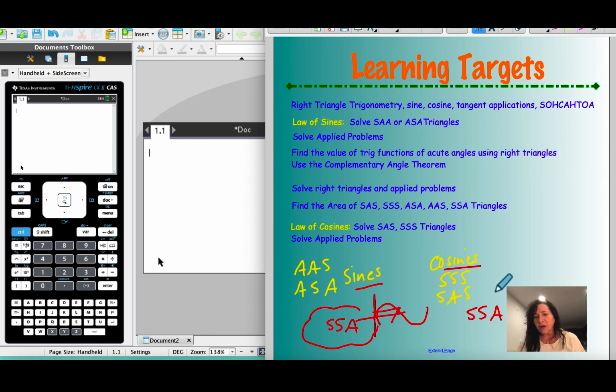If you use the law of cosines, you are going to use the quadratic formula, or if you have a graphing calculator, you can also do that. And I'll show you how to use the graphing calculator for law of cosines to solve a quadratic.